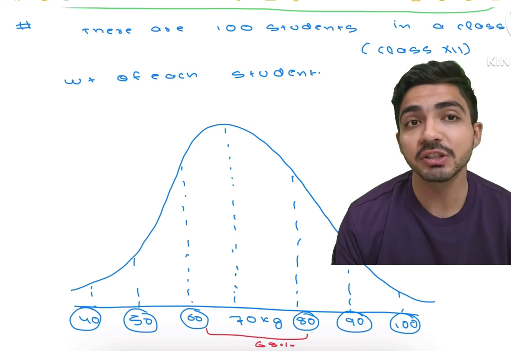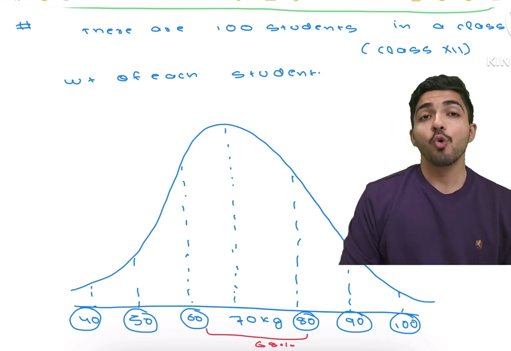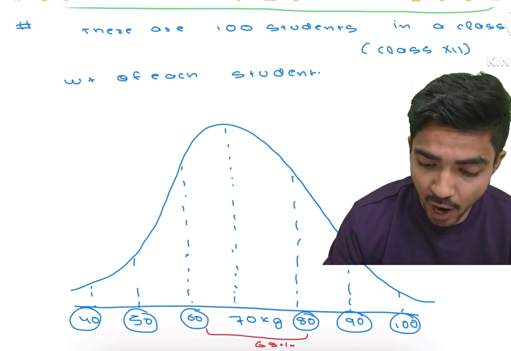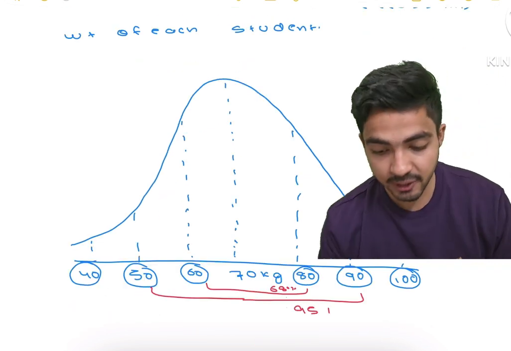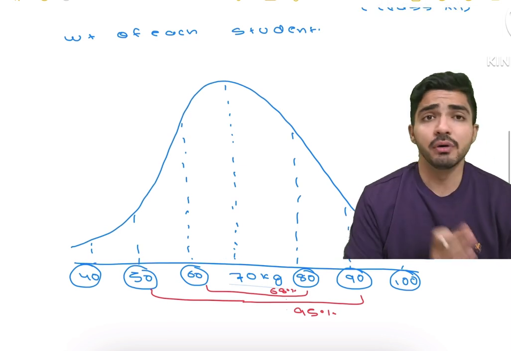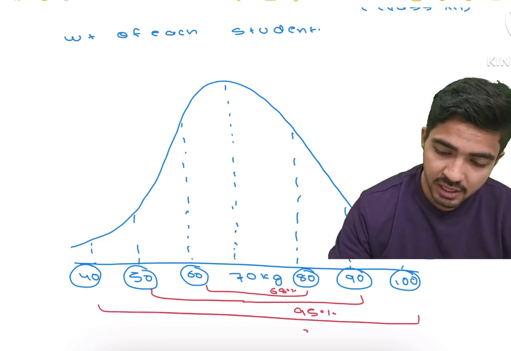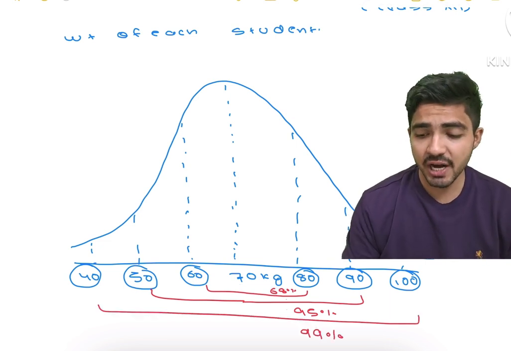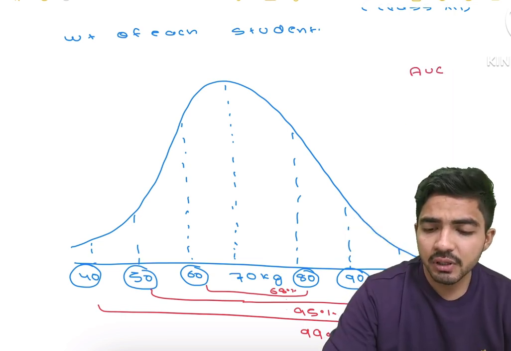And if you ask me the percentage of students whose weight lies between 50 kilogram to 90 kilogram, then I would say a big number, that is 95%. And if we go even beyond 90, then the number of students increases much higher, that is 99%.